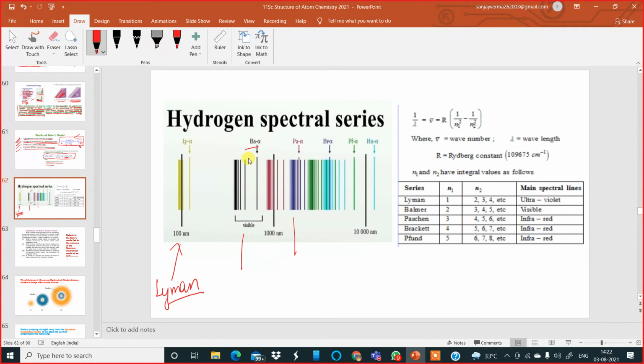Then Paschen, Pfund. So these are the various spectral series which are seen when there is emission of electromagnetic radiation when hydrogen molecule is subjected to electrical sparks.